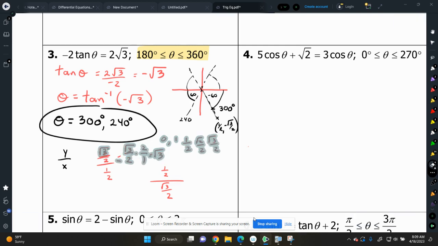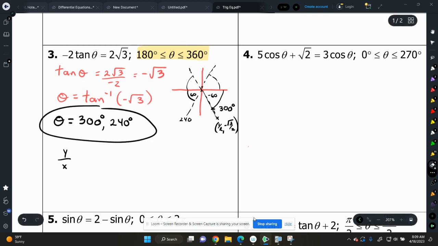So let me just take a moment to show you on your calculator when we graph it how we can verify that, okay? So I am going to graph this on my calculator, okay? -2 tangent theta.